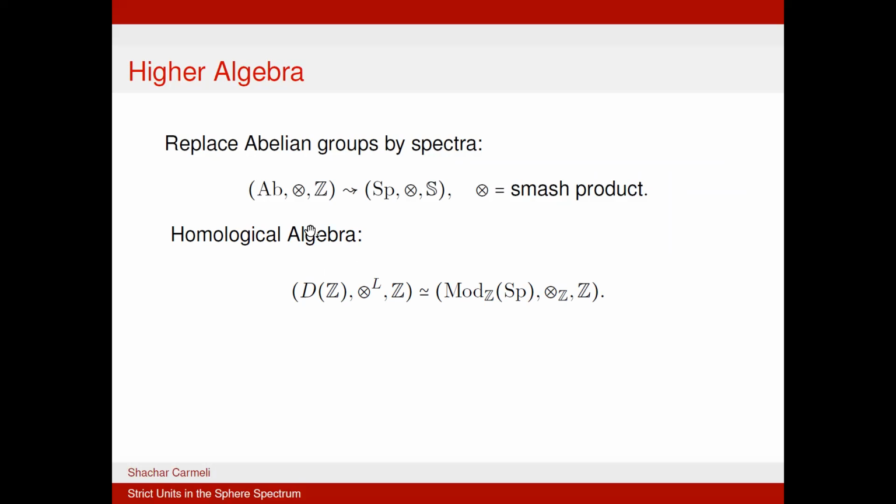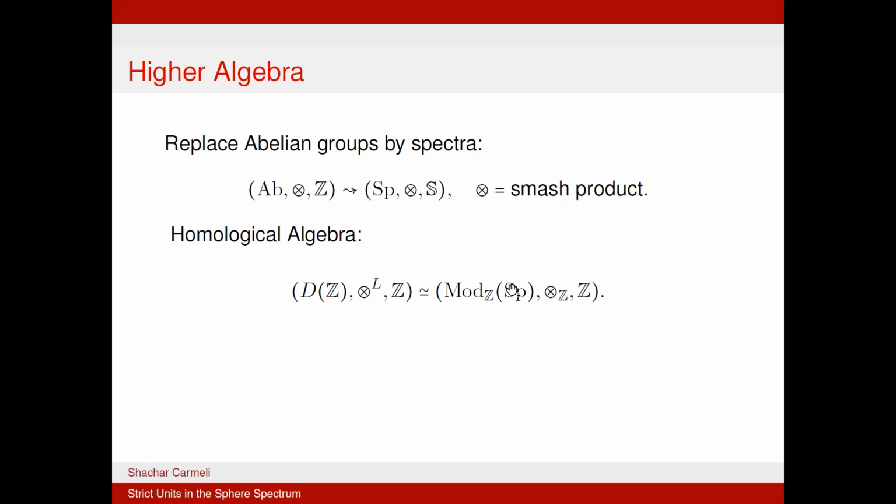Closely related is homological algebra, which for me just means that instead of abelian groups, we look at the derived category of Z-modules, or the derived category of abelian groups, so derived tensor product, and the integers as a unit. But it turns out to be something we can read from the spectral version, because the derived category of abelian groups is just modules over the ring Z, which now I think of as a commutative ring in spectra.